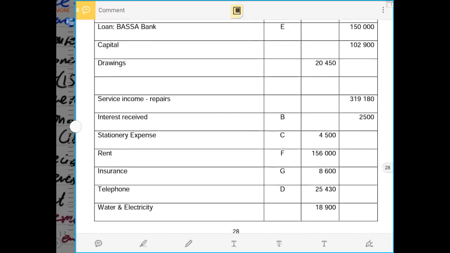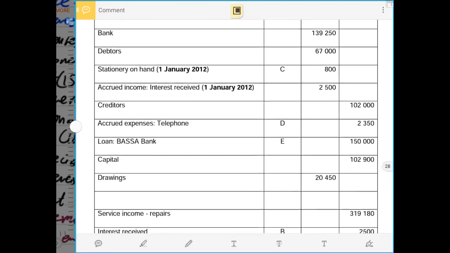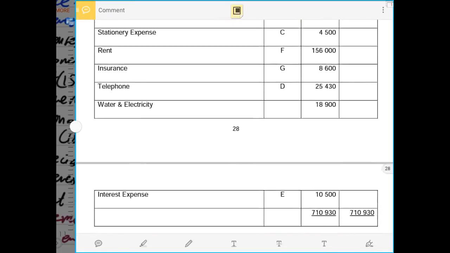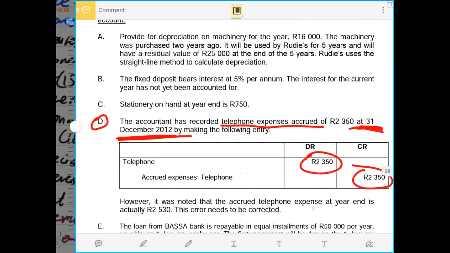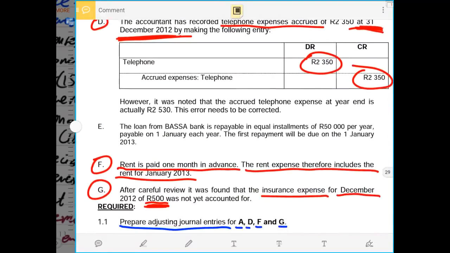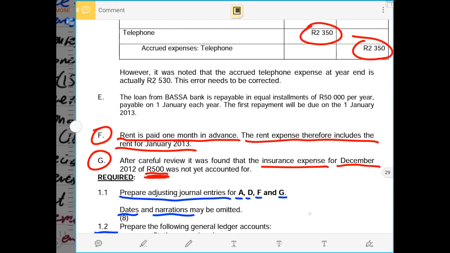Okay, so now we have to check our loan. Our loan is 150,000 rands, and our adjustment told us the interest expense is calculated at what rate. We have to know our interest expense.